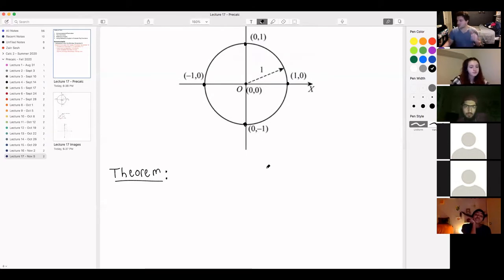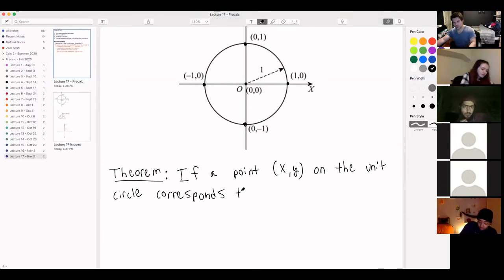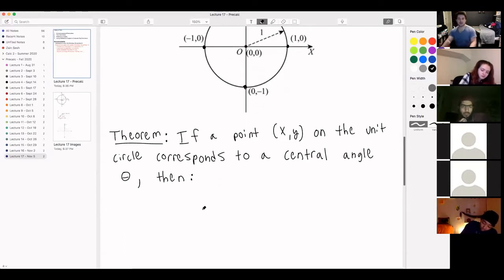Okay. Okay, so here's the theorem, okay? So here we go. So if a point x comma y on the unit circle corresponds to a central angle theta, then, okay, we have the following conclusion.